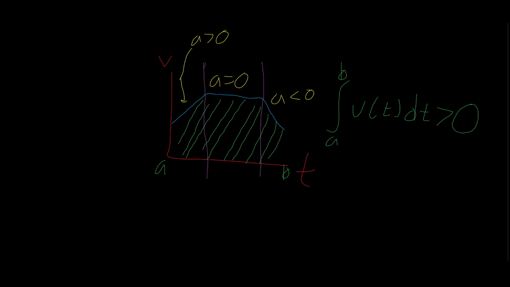And I can say all these because I can just look at the slope of this line. Since this line is positive, the derivative of this velocity function at this interval is positive. Here, the derivative is 0, because it's a flat line, so the acceleration would be 0. And here, the slope is negative, meaning that acceleration is negative.